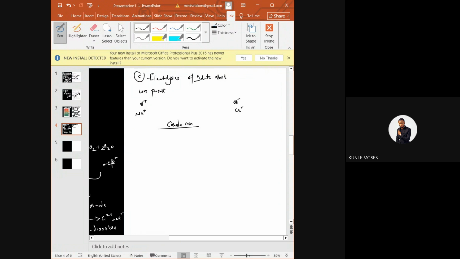So there is more sodium ion than hydrogen ion normally. But sodium ion is highly reactive, which means we cannot use sodium ion because of its reactivity level. We cannot use hydrogen ion because it is very few, because water does not ionize much.